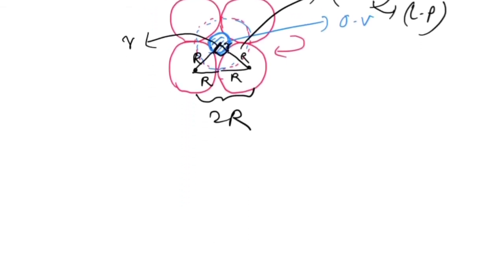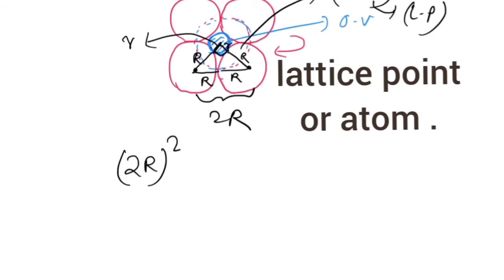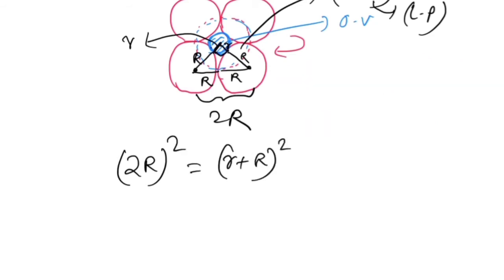Then you see (2R)² is equal to (R+r)² plus (R+r)².